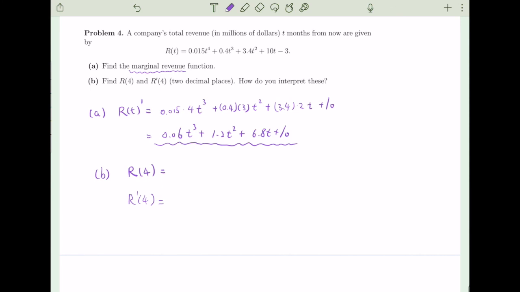R of 4 is obviously the revenue 4 months from now. Right? So this is the revenue 4 months from now.